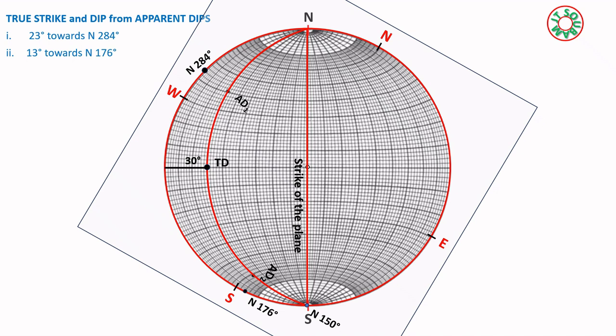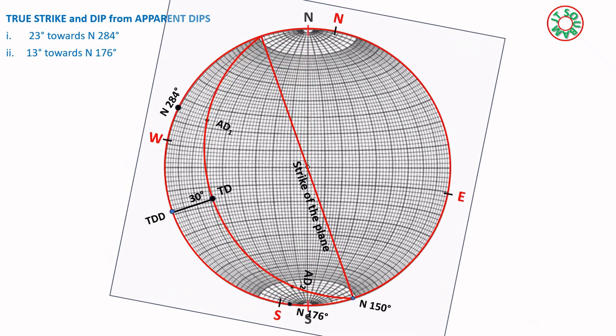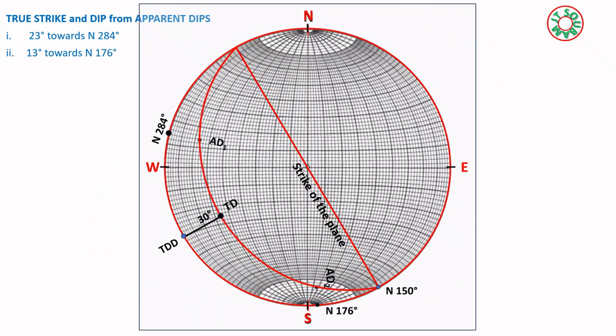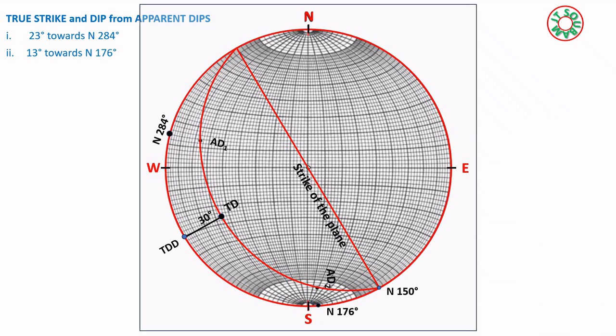Next, determine the true dip direction. The direction corresponding to the true dip point gives the true dip direction, and mark it as TDD. Now, bring the overlay to the original north-south position and measure the trend of point TDD.